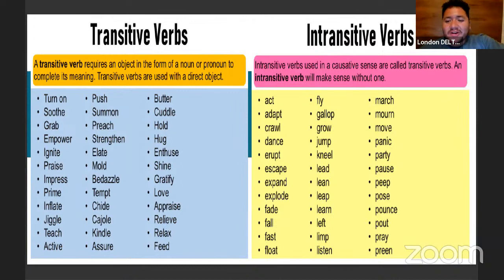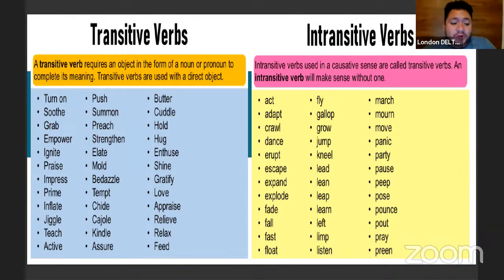So when you say turn on, you mean something else, right? And the verb act, the actor acted. El actor actuó en esta película. But you don't need anything else. The verb is complete in itself.